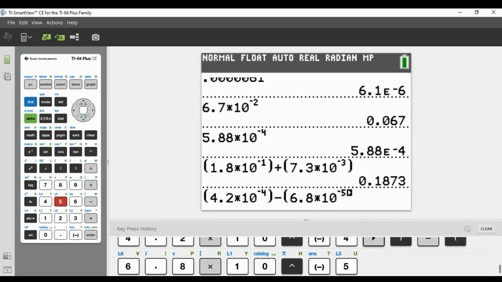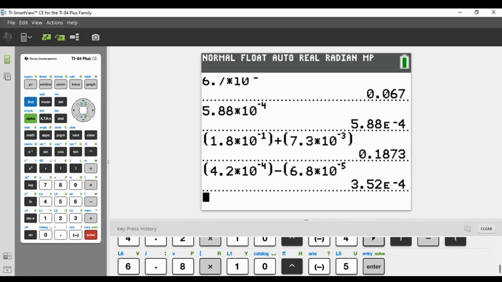Now I'm just going to hit enter because at the end it'll close the last parenthesis for you. Now this one does give you an answer in scientific notation. It's got the E, which means 3.52 times 10 to the negative 4.